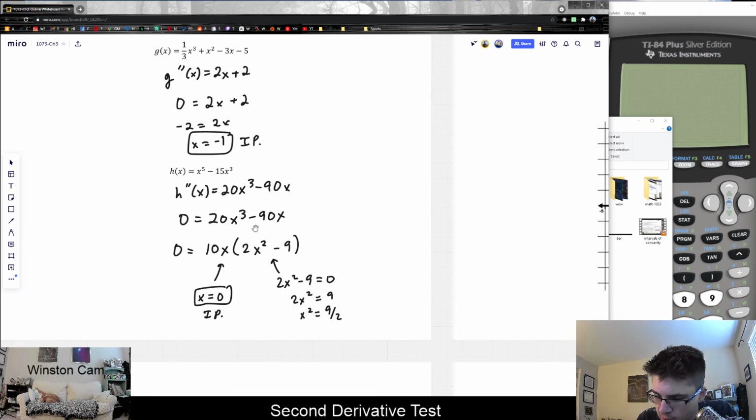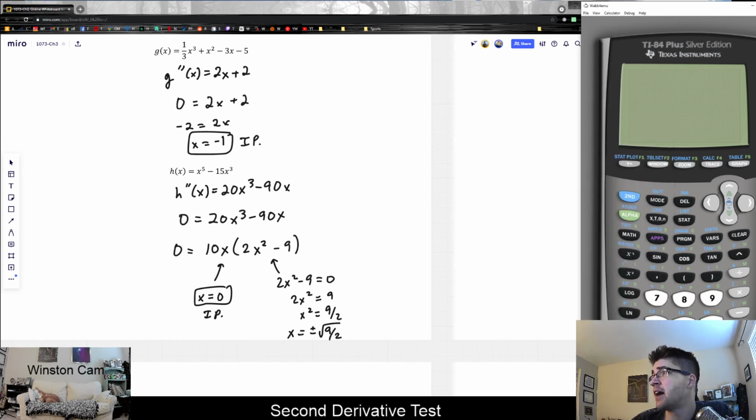I could always take the square root here, which, remember, will give me plus or minus the square root of 9/2, or square root of 4.5. And that comes out to be, let's just estimate it as a decimal value, approximately plus or minus 2.1, and those would be the other two inflection points.